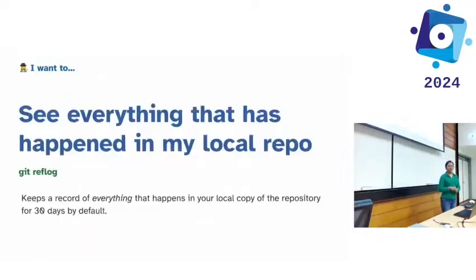And also we have git reflog to see everything that has happened in my local repo. This command keeps a record of everything that happened in my local copy, but by default, just for 30 days.